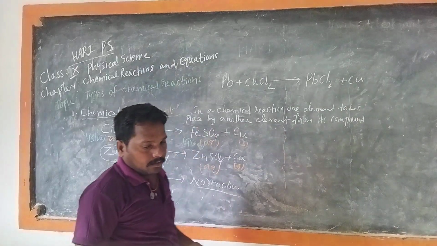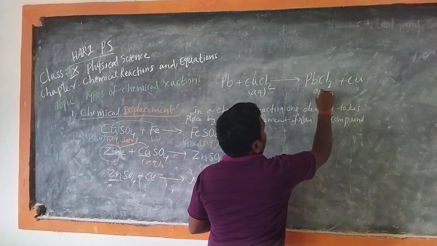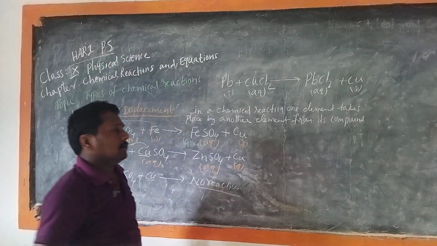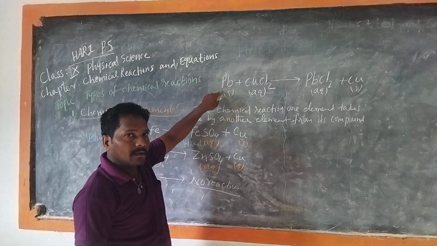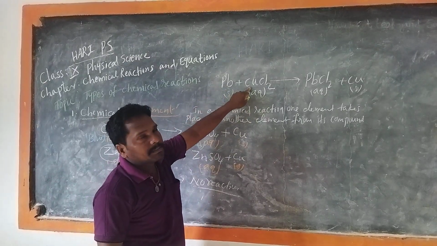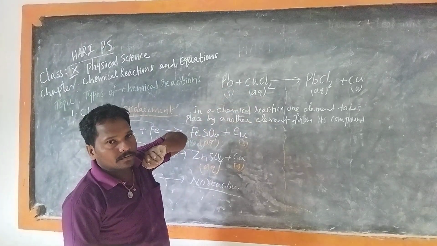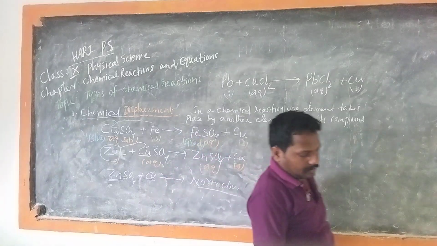Lead chloride is an aqueous solution, and copper is a solid. In this reaction also, copper is displaced by lead. So lead is more reactive than copper.